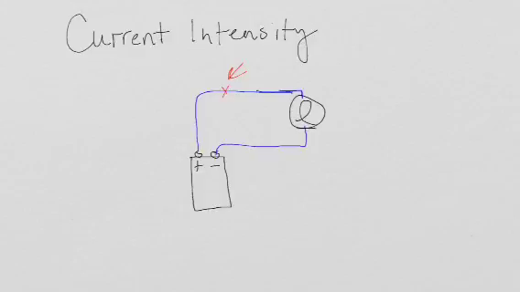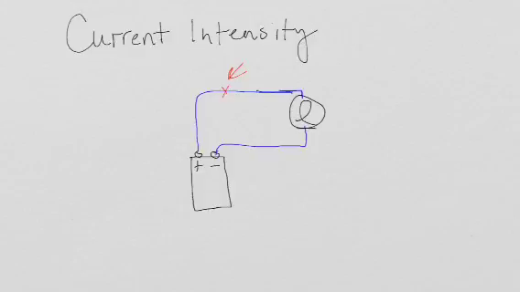If you are way more intense than somebody else, well, you're more into something, you're more focused, you're more driven than, let's say, somebody who's less intense. Here's the deal. For every coulomb that passes at a specific point in a circuit every second, we actually have a specific unit for that.